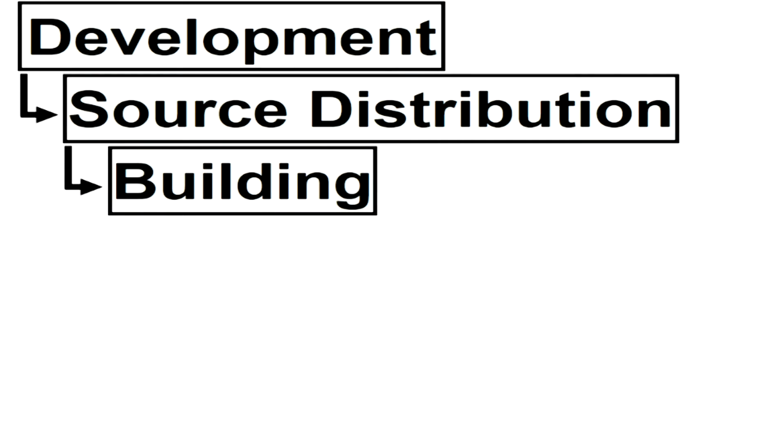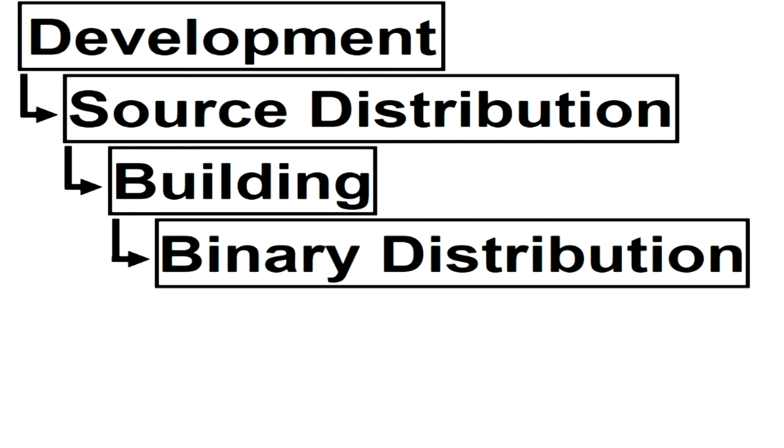After that, we start building packages, which means we take the source distribution and create binary files. Those binary files are converted into a binary distribution, which usually takes some information from your operating system.